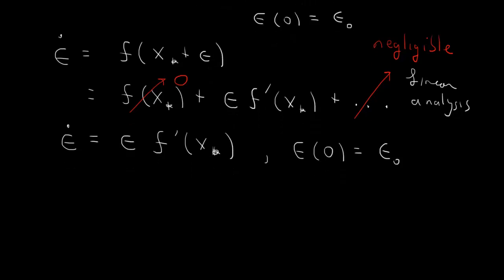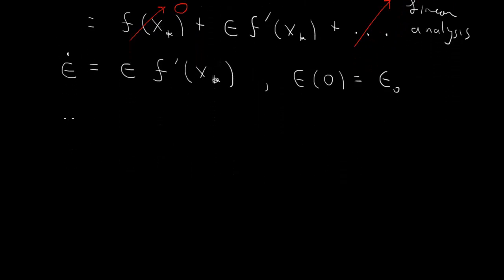That is an exponential function. So we should be able to write down epsilon of t equals e to the f prime of x star, the constant, times t. And epsilon of 0 is epsilon naught, so this has an epsilon naught in front.